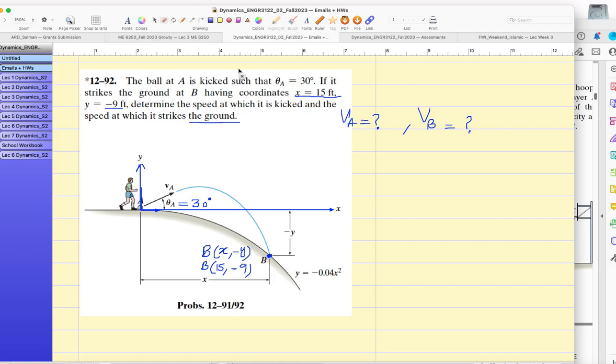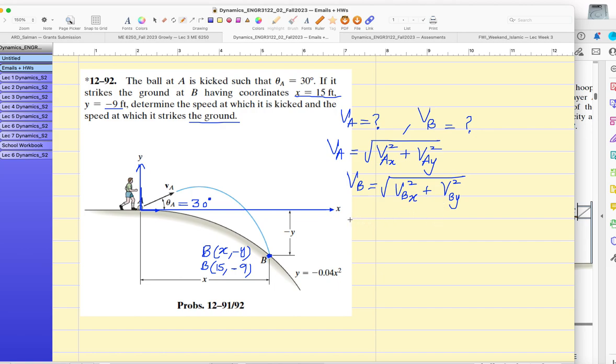So using those two components, VA equals the square root of VAX squared plus VAY squared, and similarly VB equals the square root of VBX squared plus VBY squared. And after we know these magnitude formulas, let's start using them. How can we find out the VAX?